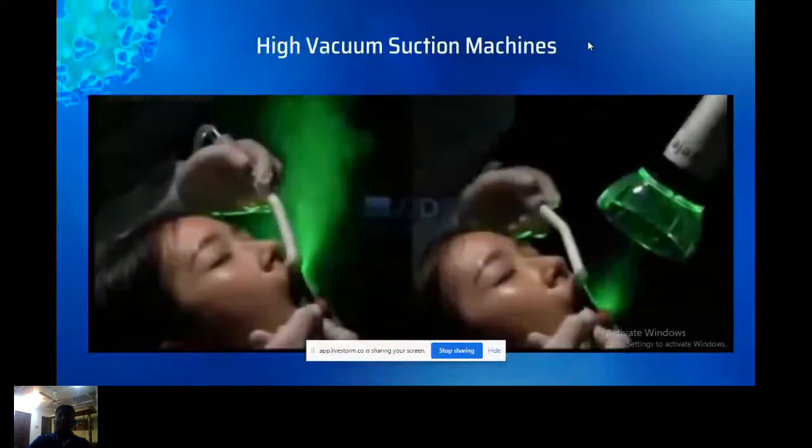There are high vacuum suction machines available nowadays, so when you are doing the procedure, the high vacuum suction should be used in the vicinity of the procedure, where most of the aerosol can be sucked through these machines, and these machines also have HEPA filters in them. You can just Google, and you will be in a position to see how this machine actually works. So this is the first recommendation.